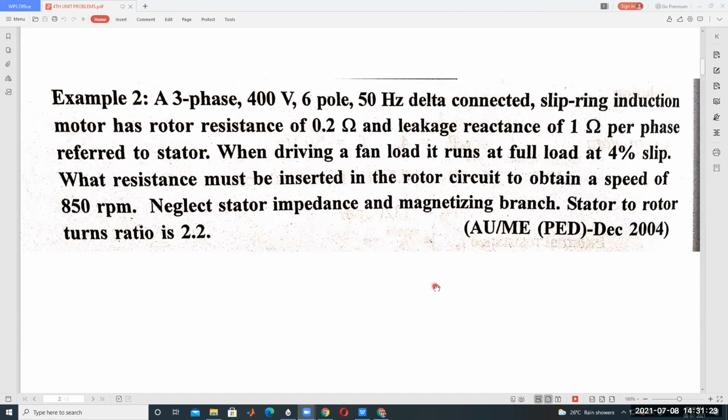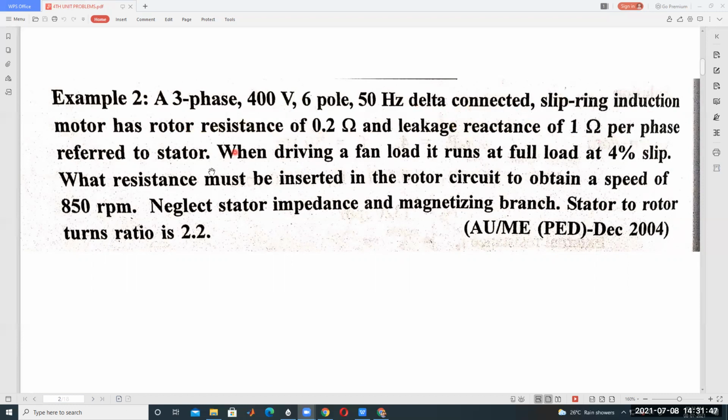Okay. A three-phase 400 volts, 6-pole, 50 hertz delta connected slip-ring induction motor has rotor resistance of 0.2 ohms and leakage reactance of 1 ohm.